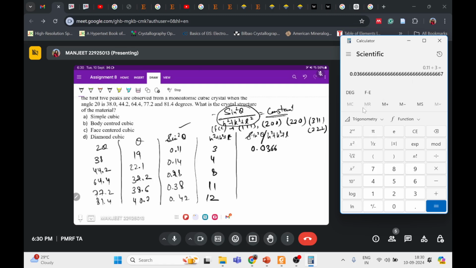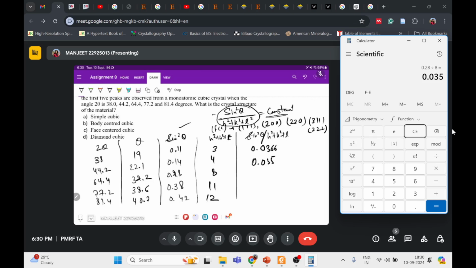Then 0.14 divided by 4 will give you around 0.035. And if I'm taking this value 0.28, let's calculate this, around 8.